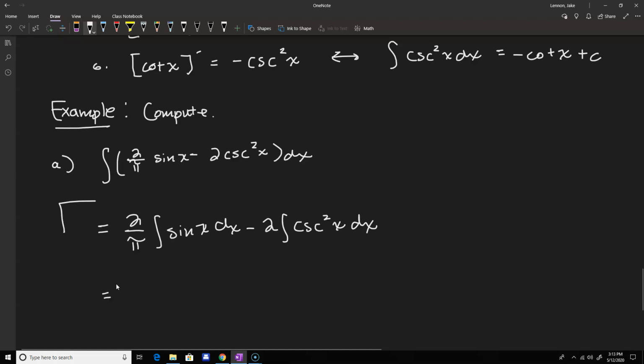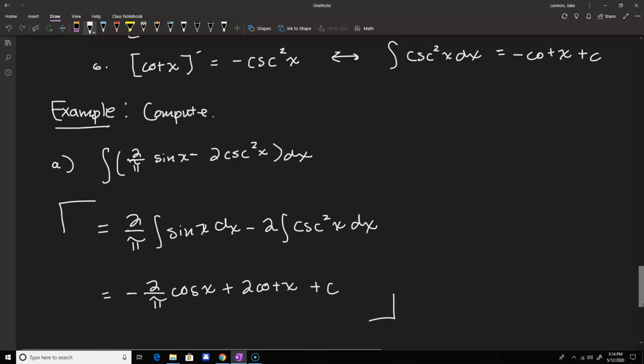We know the antiderivative of sine is negative cosine, so this is just going to become negative 2 over pi cosine of x. And then the antiderivative of cosecant squared x is negative cotangent of x. So this is going to become a plus 2 cotangent of x, and then we have plus our general constant there. And that is all we actually have to do.